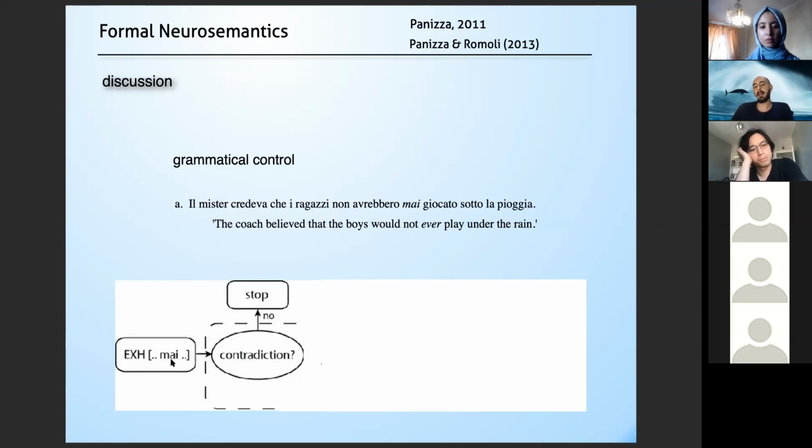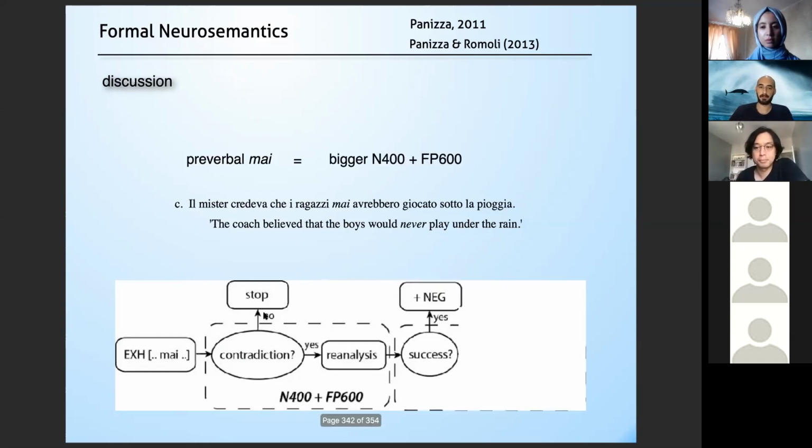You interpret mai, and then you don't get a contradiction. You're fine. You stop. In the preverbal mai, you interpret mai in an upward entailing context because you don't have any negation. So you are at I ragazzi mai avrebbero, the boys would never. Okay. So you do get a contradiction because you are in an upward entailing context.